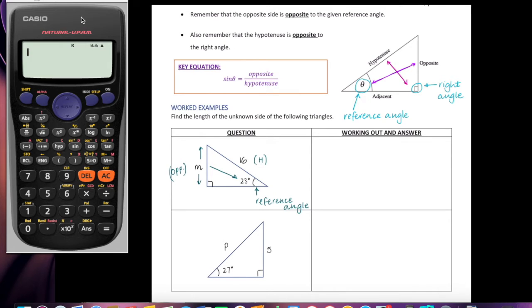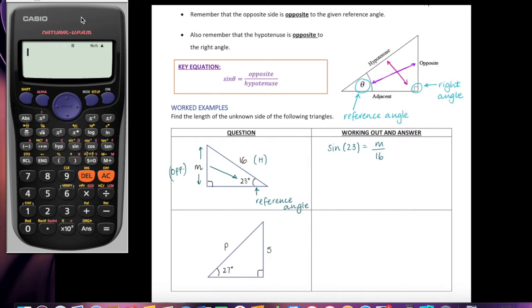If I put all this information into our key equation, I will end up writing sine of 23 degrees is equal to M divided by 16. Now, if you are using a scientific calculator, there is one more step we need to do in order to calculate the length, which is represented by the letter M in this case.